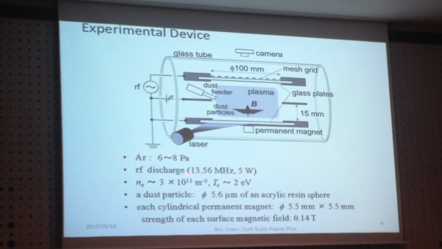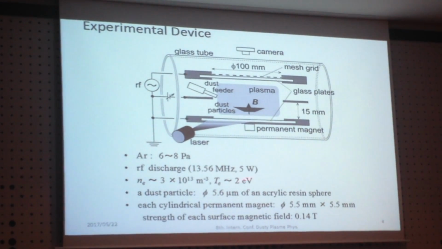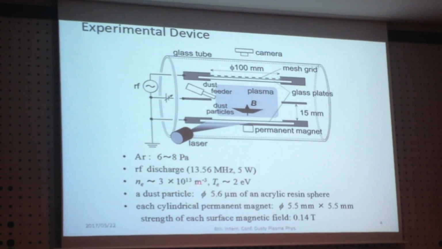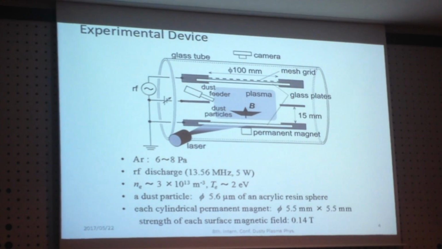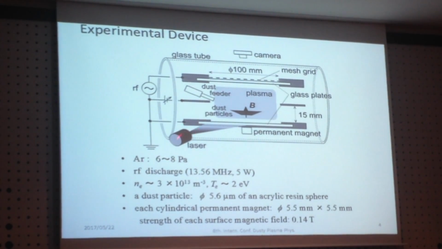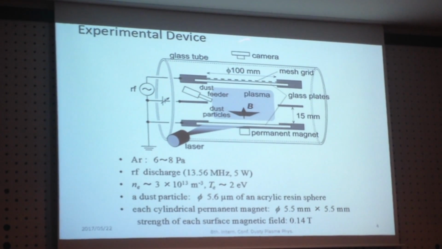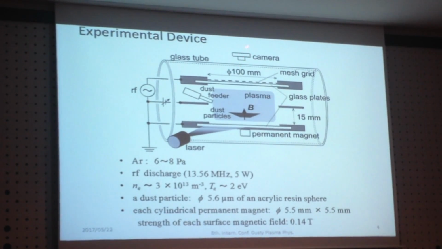The typical plasma parameters obtained are like this: electron density is about 10^13 per cubic meter, and electron temperature is 3 eV. There is a laser light here that illuminates the dust particles, and a camera here for regular movies or still images.